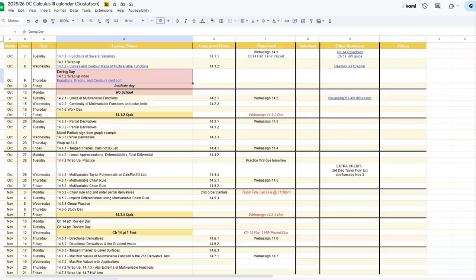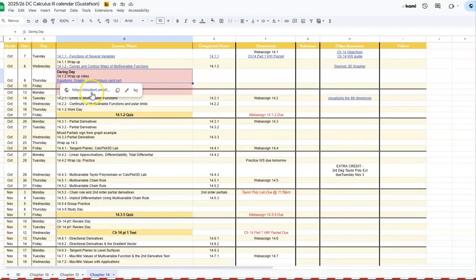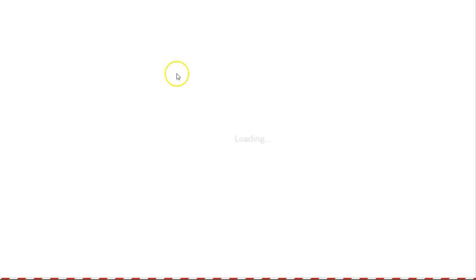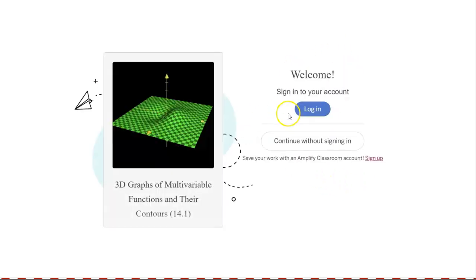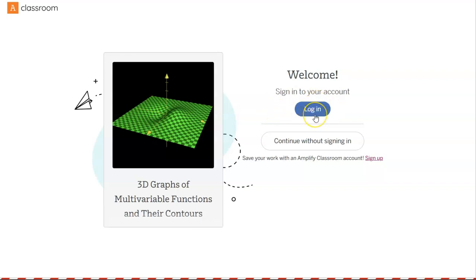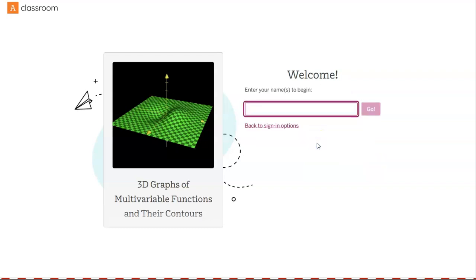You have a card sort right here that if you want to get some practice going on matching graphs and contour maps and equations, you can try that out right there. Sign in. I don't care if you use a sign in. If you log in, you can save your progress, so that's generally a good thing to do.